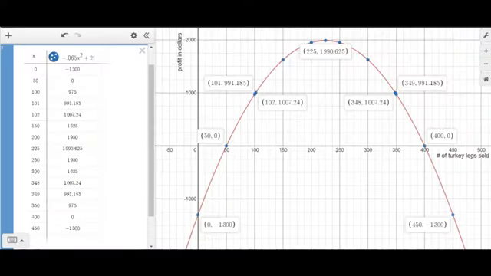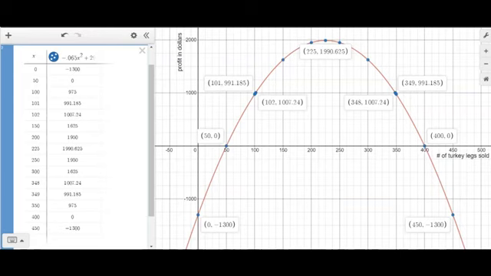I'm using Desmos to display this, and we can see on the graph that negative $1,300 is located here on our y-intercept. Again, that represents the cost or expense for supplies, staffing, startup costs, all of that, just to run the booth prior to opening and selling any of the turkey legs.